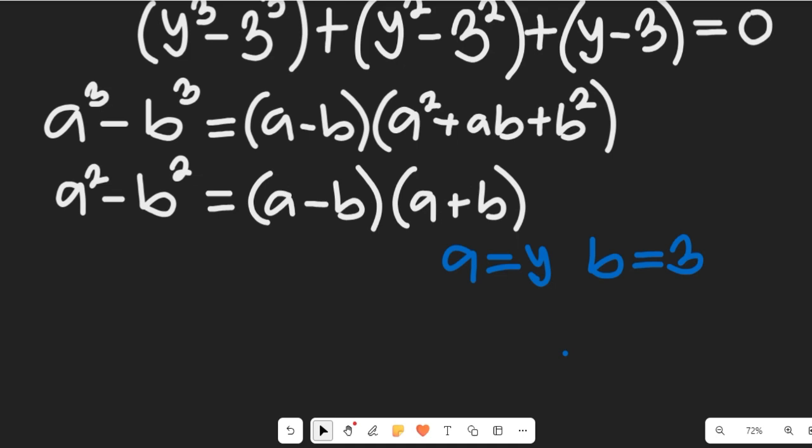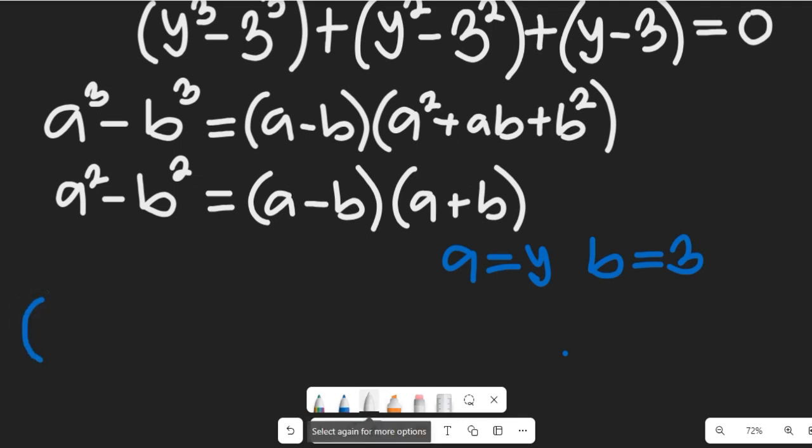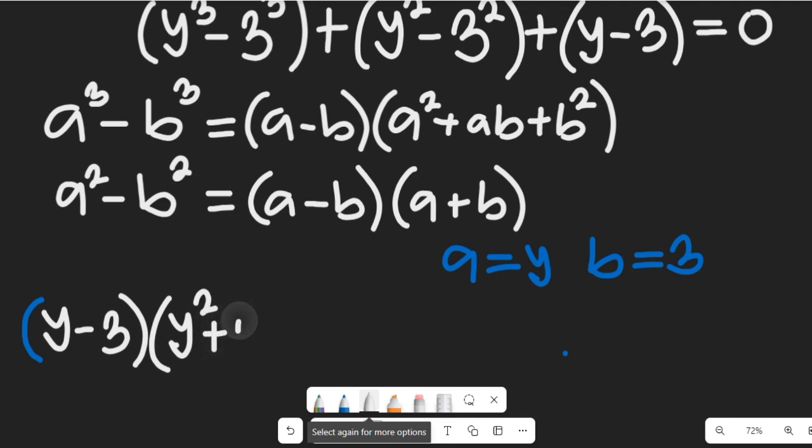Now let's simplify this. Y to the power of 3 minus 3 to the power of 3 will give us this expression to become y minus 3, right? And that will have y square plus 3y plus 3 square, and that is for that.